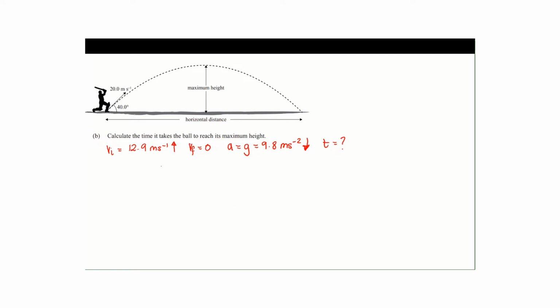In this case, we'll use Vf equals Vi plus At. So Vf is 0. We're only looking at the vertical motion, so we don't have to worry about how fast it's going horizontally. Vi vertically at the start was 12.9 meters per second, and to that we have to add A, which is 9.8.